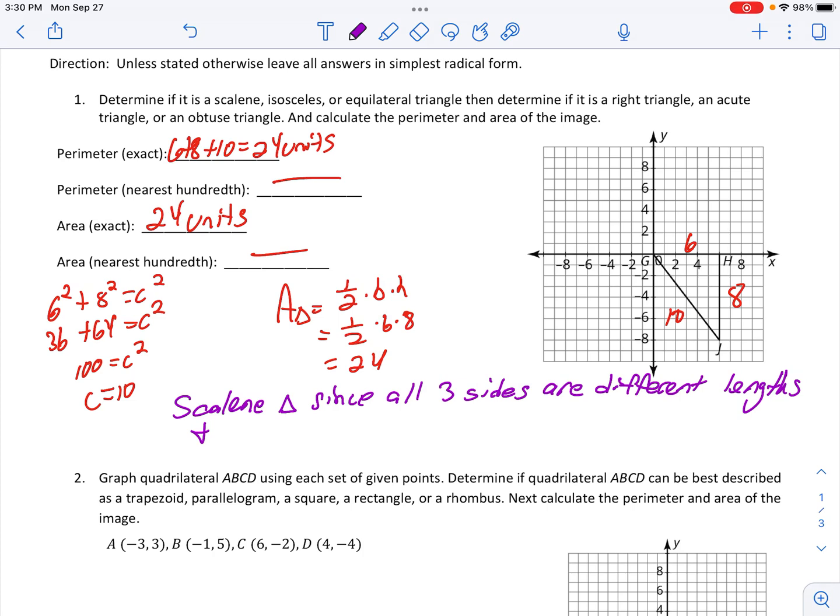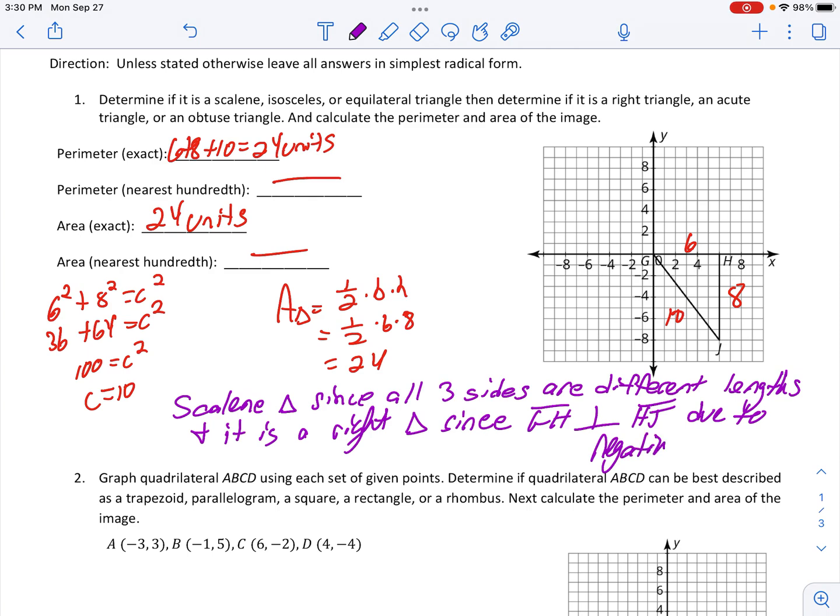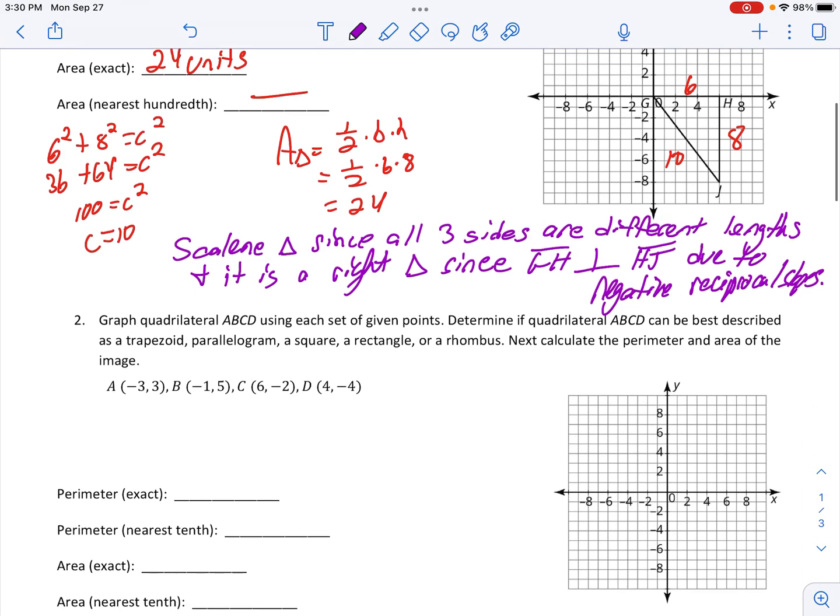And it is a right triangle, since GH is perpendicular to HJ due to negative reciprocal slopes. That's because vertical and horizontal are opposite reciprocals to one another.